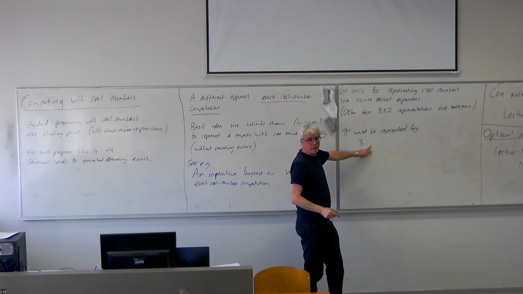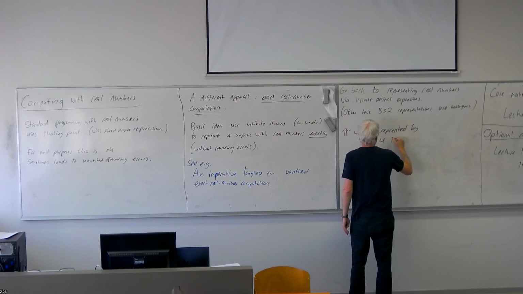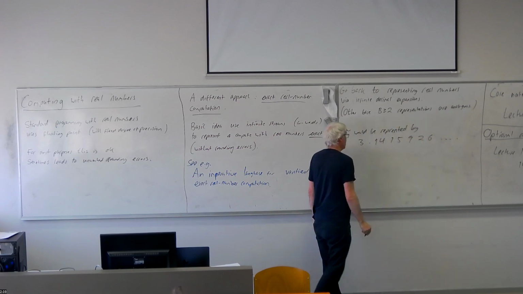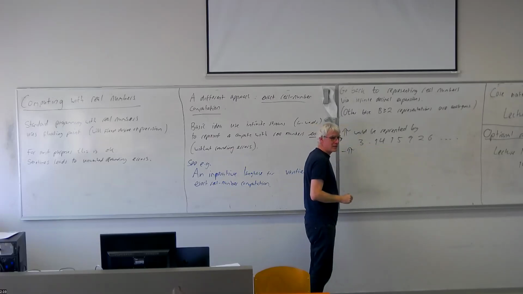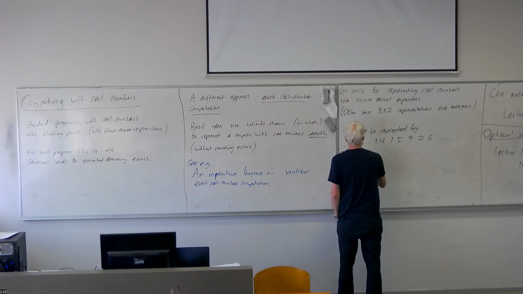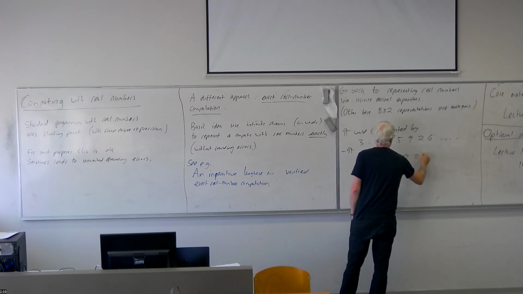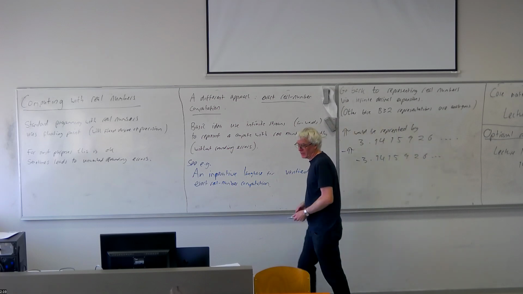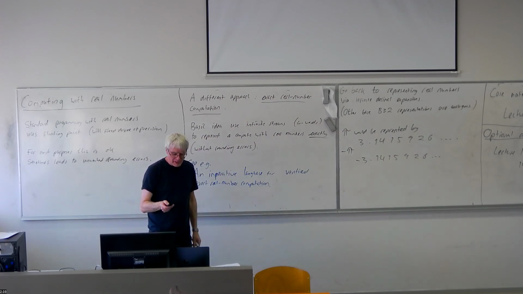I use the decimal point because it's an English lecture. And so on. We'll just use the most naive representation. So minus pi would be represented by minus 3 point and so on. So what we will consider are omega words over the relevant alphabet.